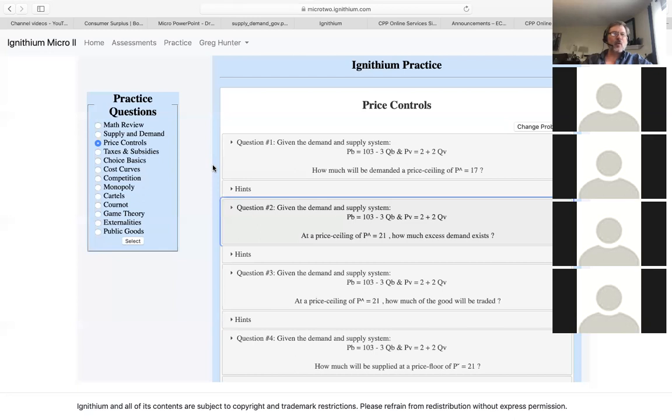First, I'm going to help you out a little bit. When I say supply, I'm talking about the whole supply curve. So if I say, speaking as an economist, that there's not enough supply, that doesn't really make sense.